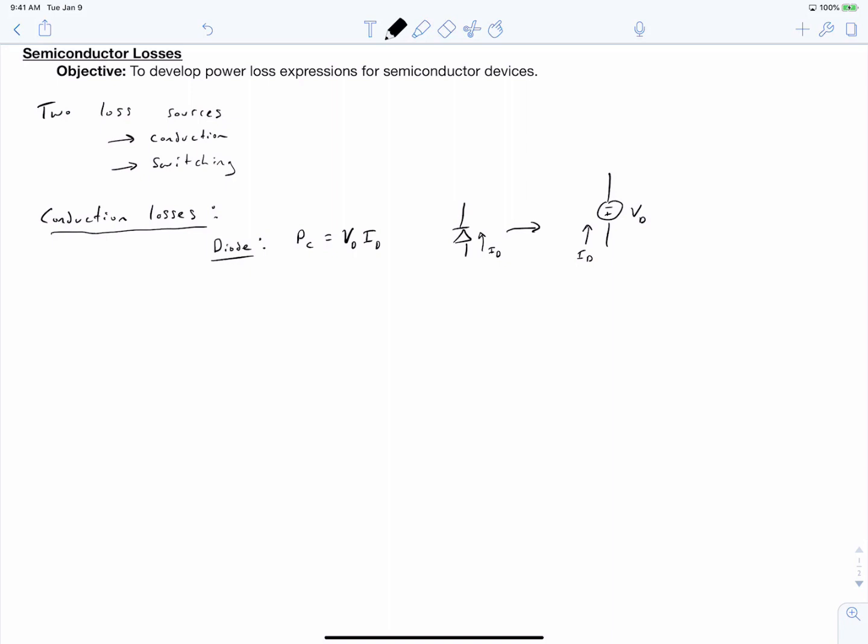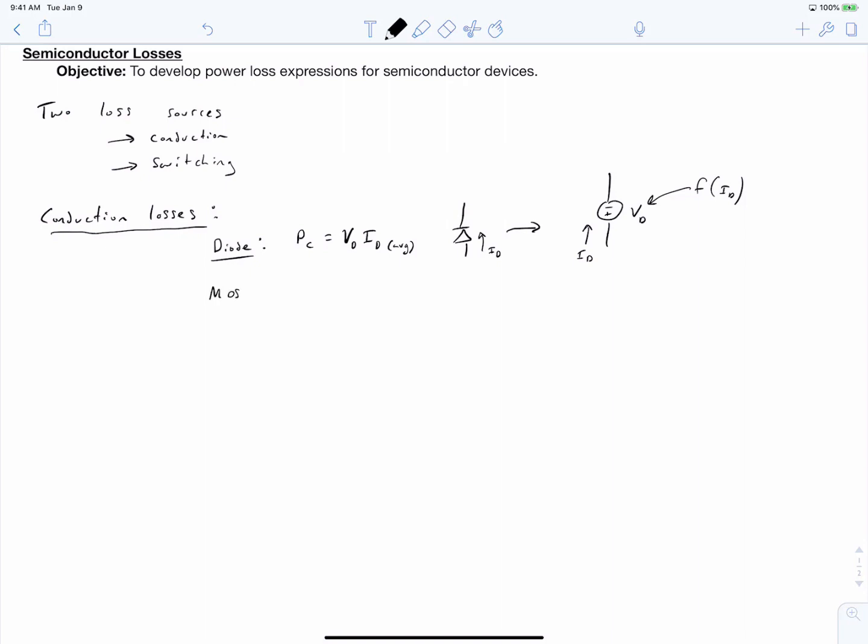PC is equal to the forward voltage drop of the diode times the diode current, and this is the average diode current. And if you remember from our last video, we talked about how the forward voltage drop can actually be a function of the diode current based on the data sheet. But typically you pick the nominal condition and you calculate conduction losses in this manner.